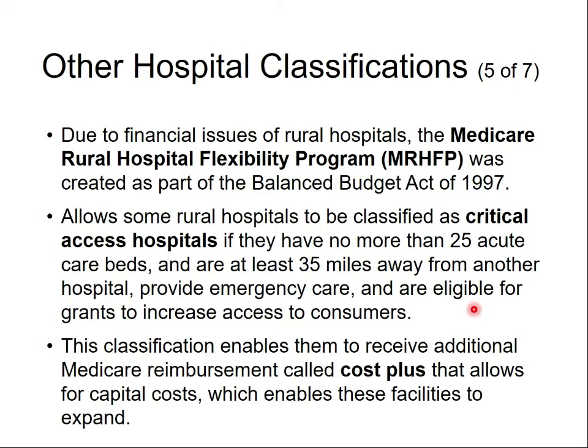So, due to financial issues that can arise in rural hospitals, even Medicaid has a certain program that tends to help these hospitals to try to make sure that they are still operational and serving those communities.